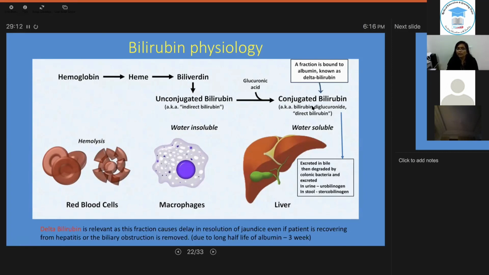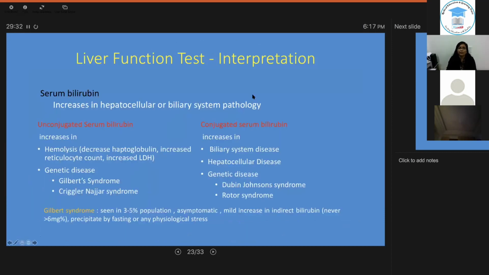If this conjugation process is defective, then conjugated as well as unconjugated bilirubin will be high. If this excretory pathway is defective, then mainly the fraction will be conjugated bilirubin. So fractionation of bilirubin is very, very important to assess the different conditions.